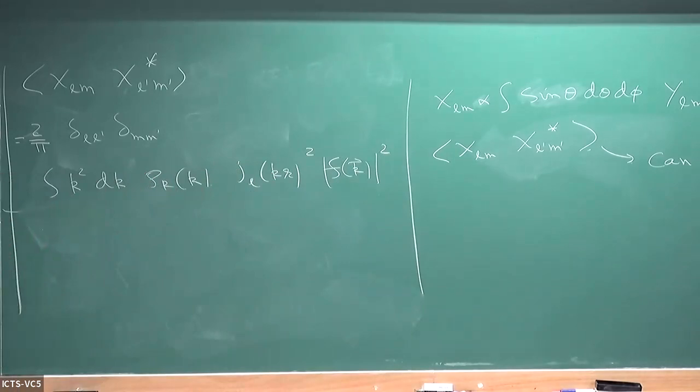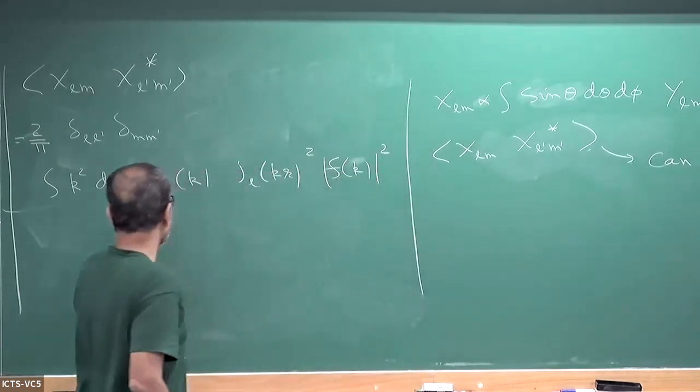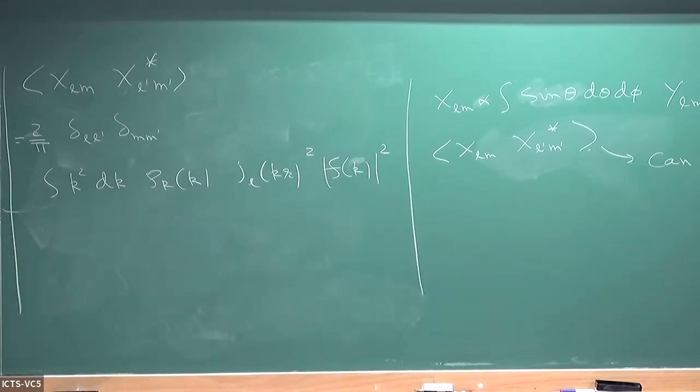Pardon? Yes, f_k is only a function of magnitude. Thank you, f_k square. Otherwise it will not make sense, right? Because here I am only doing the integration over the magnitude. The theta_k, phi_k integral I have separated out.